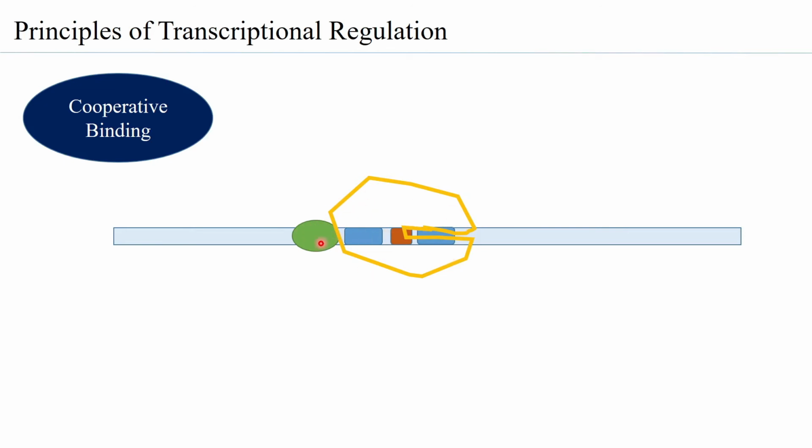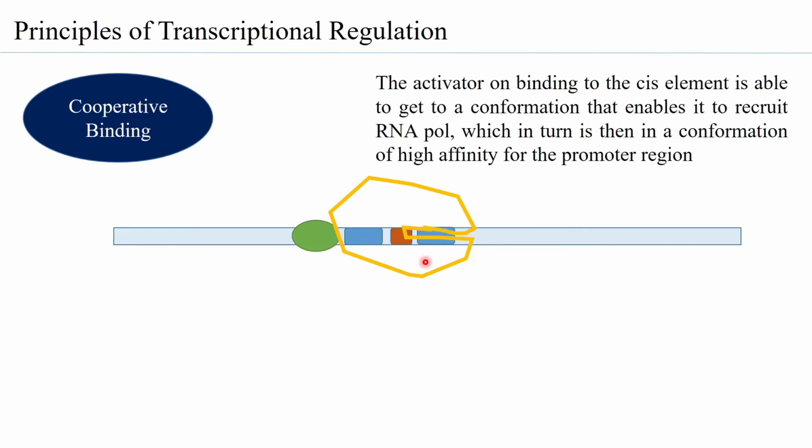So you can see that binding of the activator to the DNA is bringing in a change both in the DNA as well as in the activator to actually make the RNA pol bind to the promoter with higher affinity. So that is what we understand. And therefore, this concept is what is called cooperative binding, where the activator is ensuring that on its binding to the DNA, it is making the environment more conducive for the RNA pol to come and bind to the promoter with higher affinity.